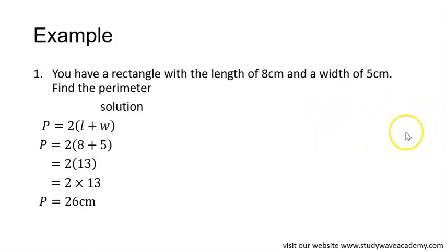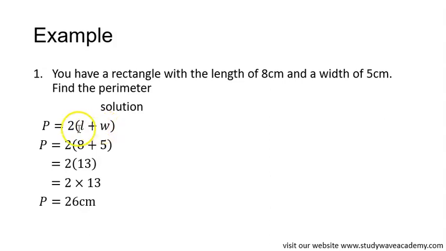We are to find the perimeter. So we're going to be using the formula for finding the perimeter of a rectangle. Don't confuse the formula of finding the perimeter of a square with rectangle, okay? So the formula for the perimeter of a rectangle is 2(L plus W). L is the length and W is the width, okay?